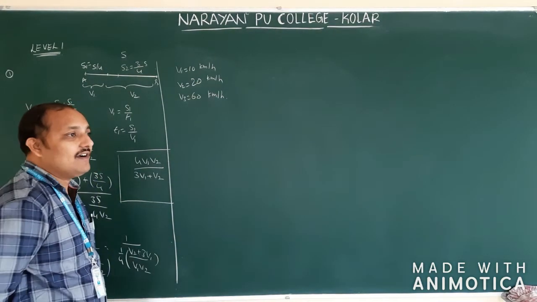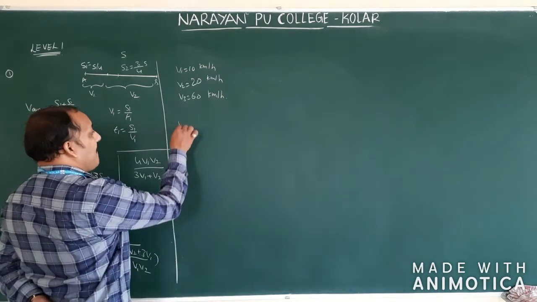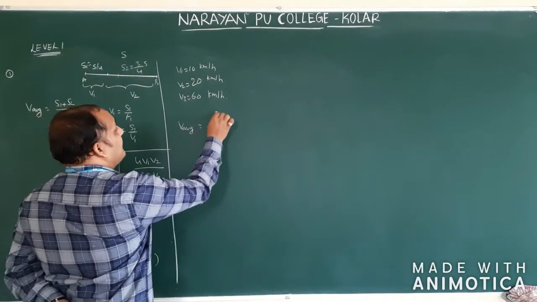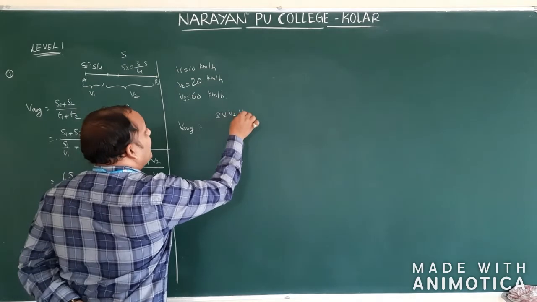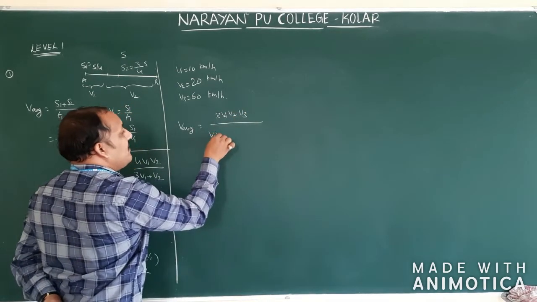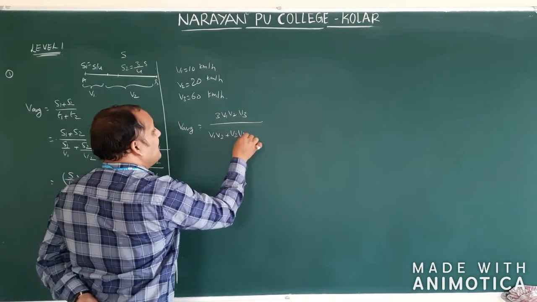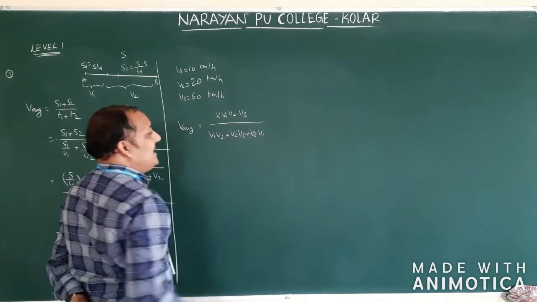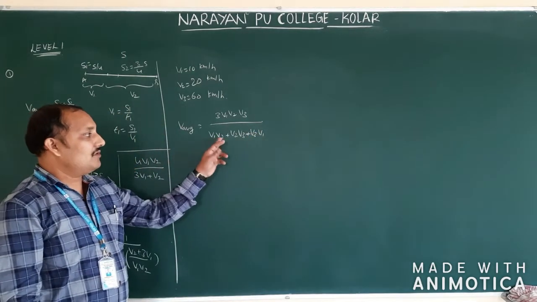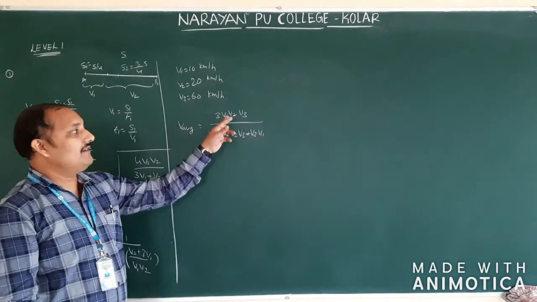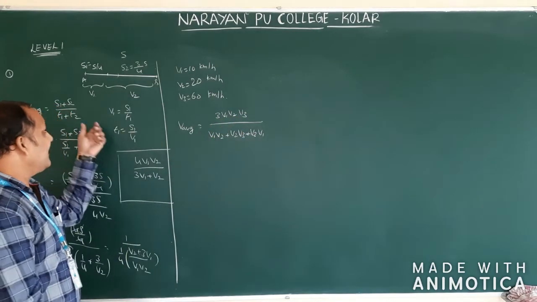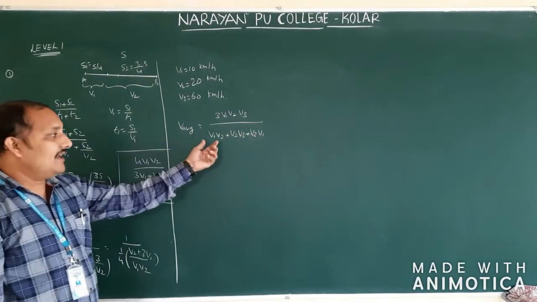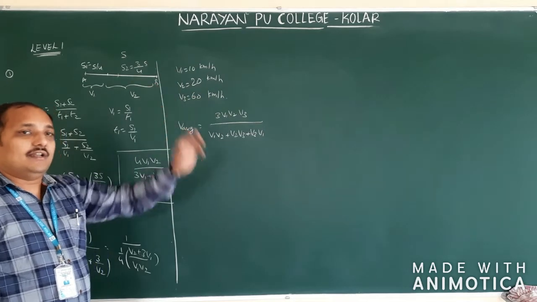This one also I already gave the formula for you. So average speed is equal to 3 v1 v2 v3 by v1 v2 plus v2 v3 plus v3 v1. So 1 2, 2 3, 3 1, you will get 3 v1 v2 v3. I am not deriving; I think we already derived this one in the second video.